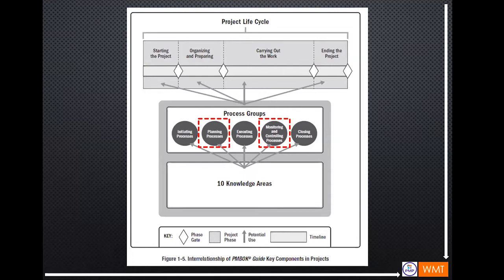As defined in the PM book, a process is a systematic series of activities directed towards causing an end result such that one or more inputs will be acted upon to create one or more outputs. And a project life cycle is the series of phases that the project passes through from its start to its completion.